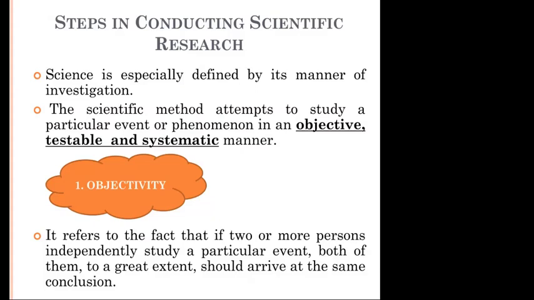So three things are important when I talk about the steps. It should have an objective, it should be testable, and it should be systematic. That is, it should follow an order.